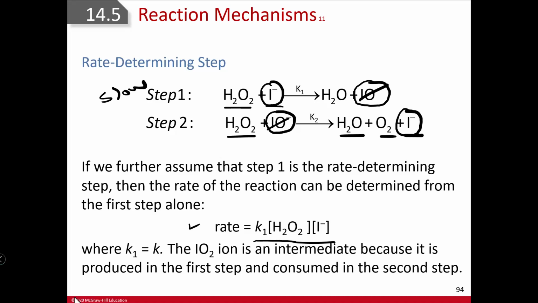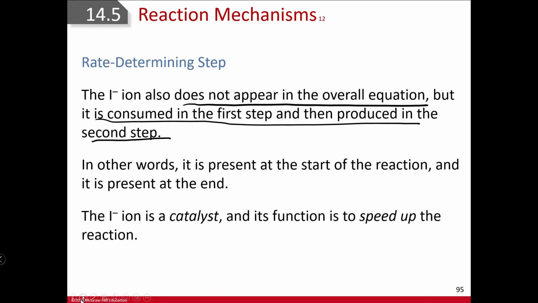So it's not consumed in the reaction. So the iodide ion is a catalyst. A catalyst, and its function is to speed up the rate of the reaction. So rate of reaction is molarity per second. So this reaction speeds up.